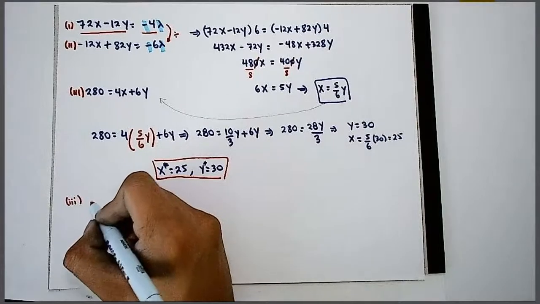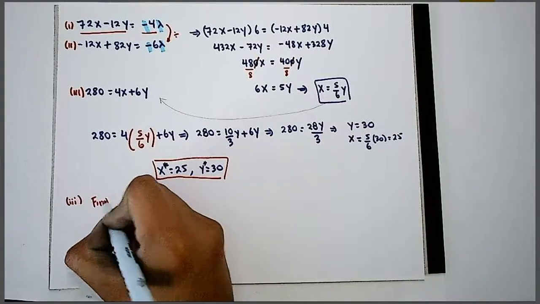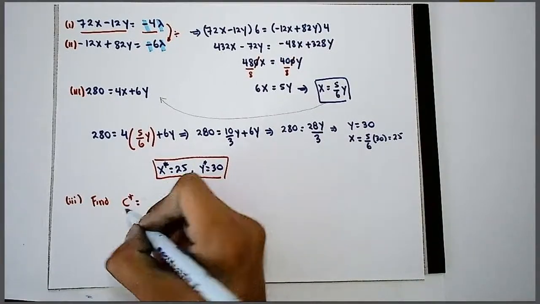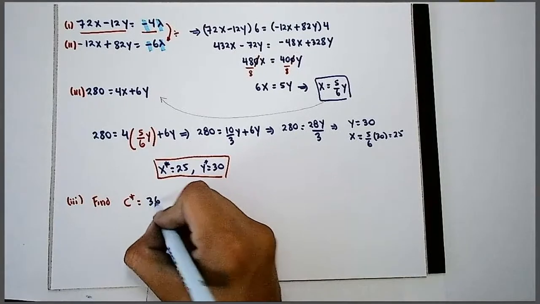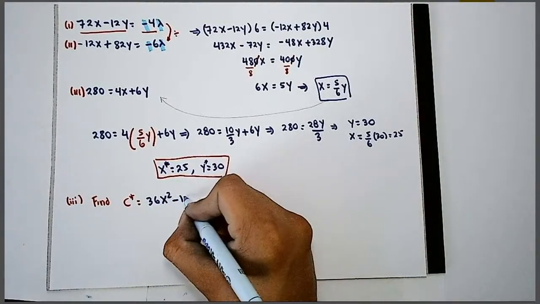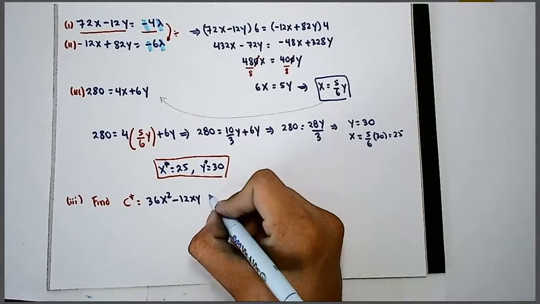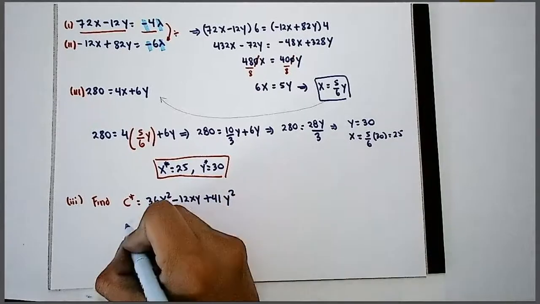And now we can find the optimal cost. Remember that the function was 36x squared minus 12xy plus 41y squared.